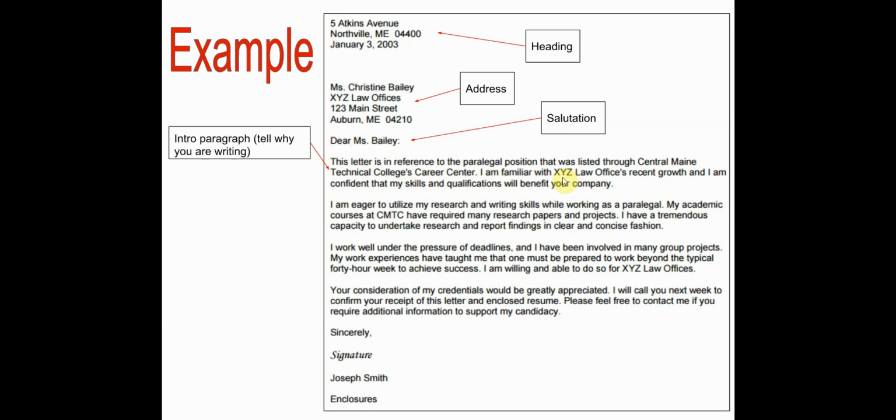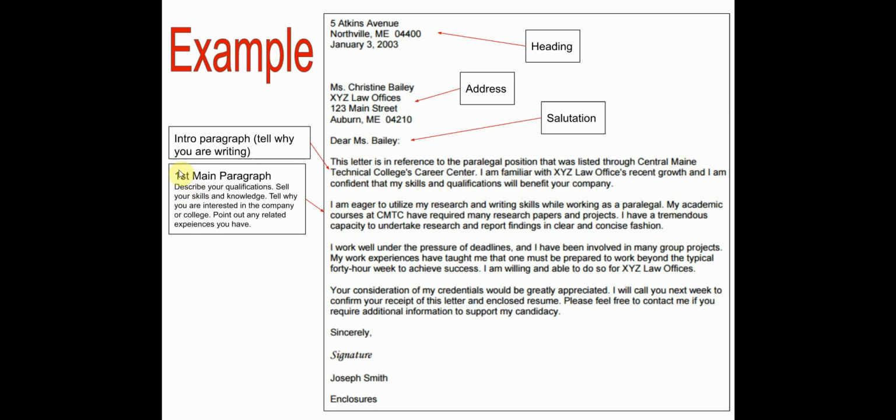I am familiar with XYZ Law Office's recent growth, and I am confident that my skills and qualifications will benefit your company." You notice it says I and I, unlike the resume where you weren't allowed to use first person pronouns. You're going to see I and me and my all through this whole thing.